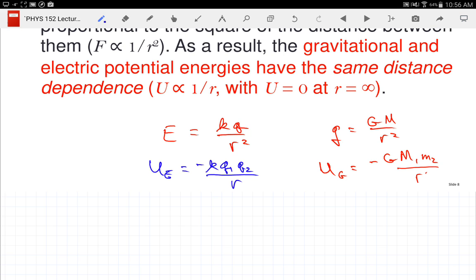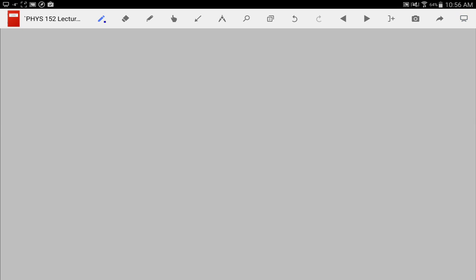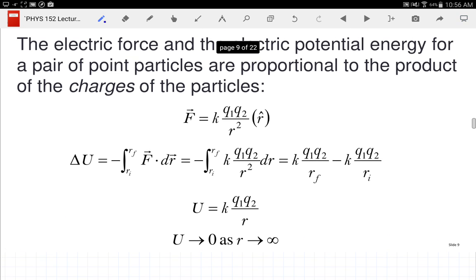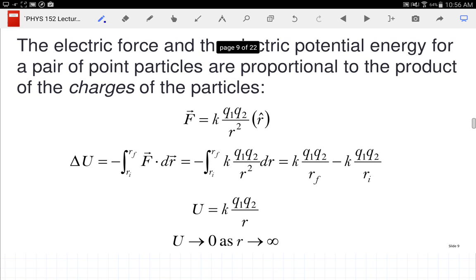Now, we will see here how calculus allows us to get that equation. So force, electric field times Q, is KQ1 Q2 over R squared. So if I take that and I integrate F dot dr, you can't multiply by R because you're not moving from zero separation out to some point.